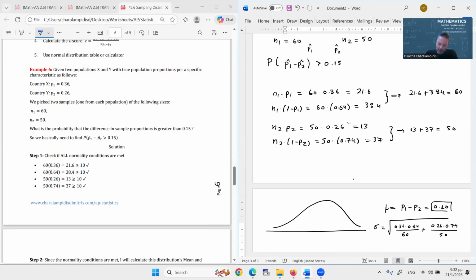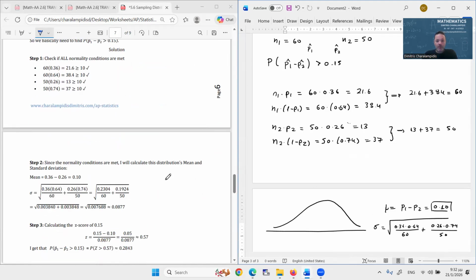Let me calculate it, and then we will confirm it with the one already there. So it's the root of 0.36 times 0.64 over 16 plus 0.26 times 0.74 over 50.